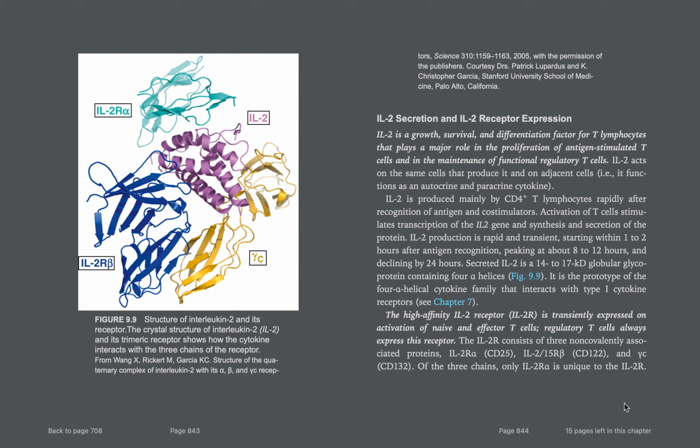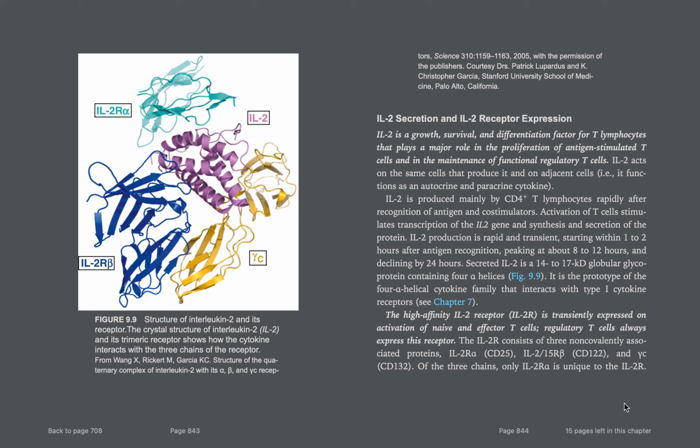Interleukin-2 is a growth, survival, and differentiation factor for T lymphocytes that plays a major role in the proliferation of antigen-stimulated T cells and in the maintenance of functional regulatory T cells. So, I repeat again, Interleukin-2 is a growth, survival, and proliferation factor for T lymphocytes that plays a major role in the proliferation of antigen-stimulated T cells and in the maintenance of functional regulatory T cells.